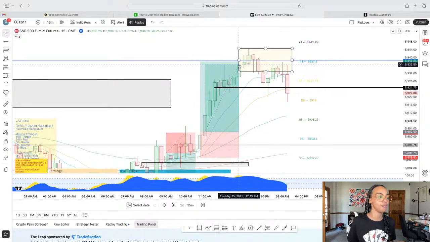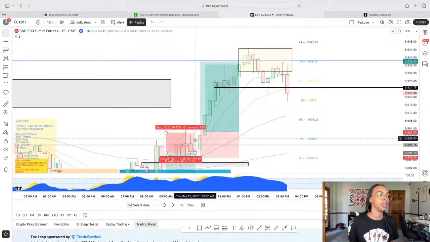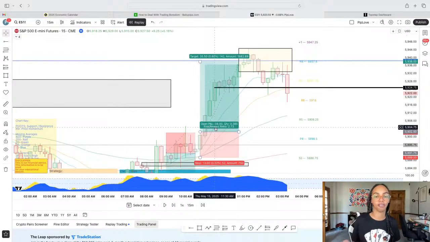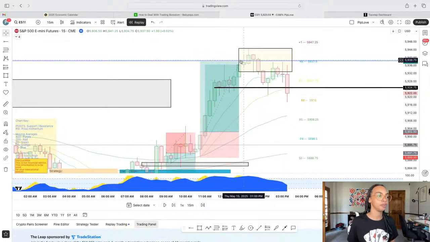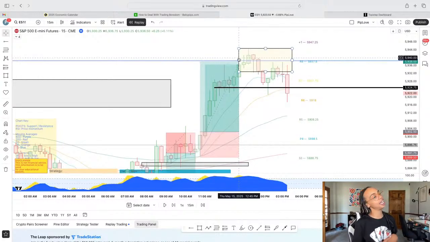This was 35 points. If you would have gotten in, you would have lost 10 points, but your next trade you made 35 points. So you're 25 points in profit. We don't need to catch every move at 12:45. These afternoon trades, even though you could catch a little something, if you have already gotten a huge trade like this, just get out of the market. You made 35, 25 points. You're good.